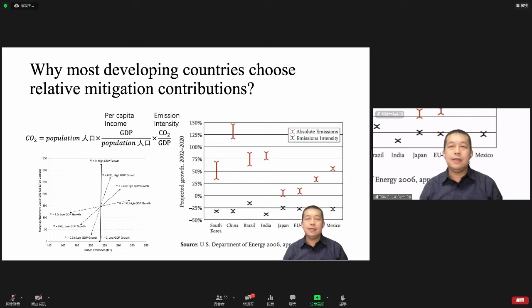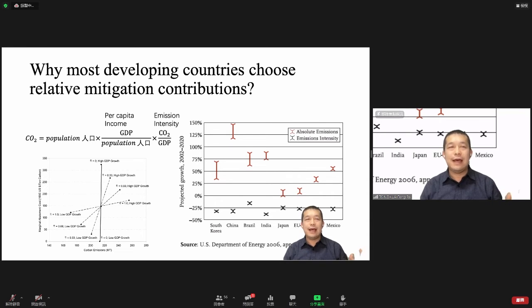One of the key characteristics of developing countries is they generally have a high GDP growth rate. Not only is the GDP growth rate high, but they also suffer from volatility of that GDP growth, sometimes higher, sometimes lower. And if they commit to absolute reduction, that generally will have higher risk for their economy.